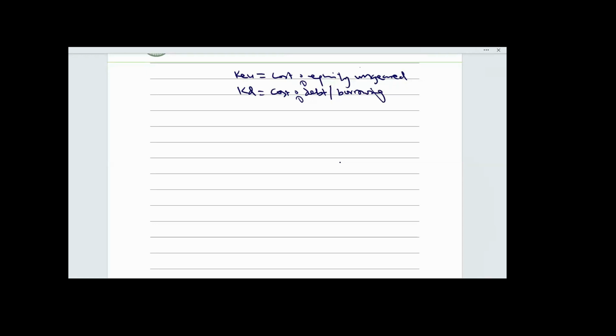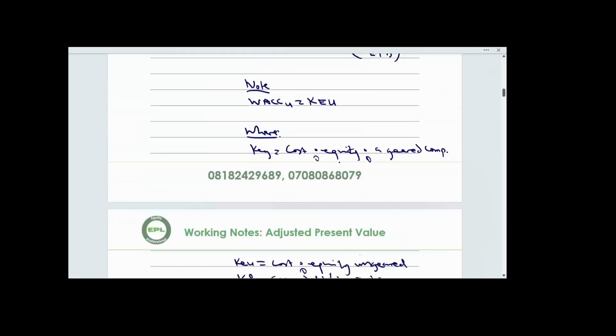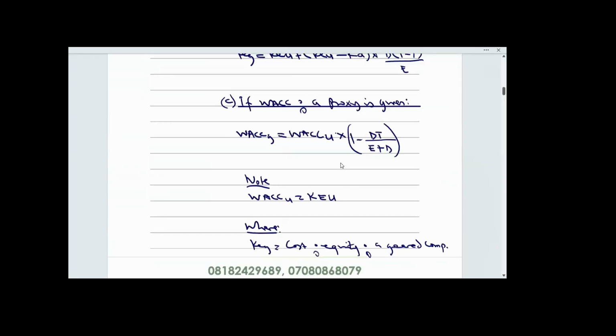Okay. Then we have D, debt value, the debt value of a proxy company. E equal to equity value of a proxy company. What is tax?